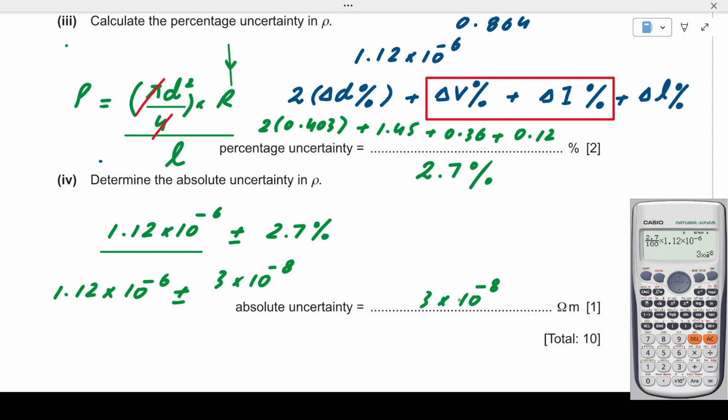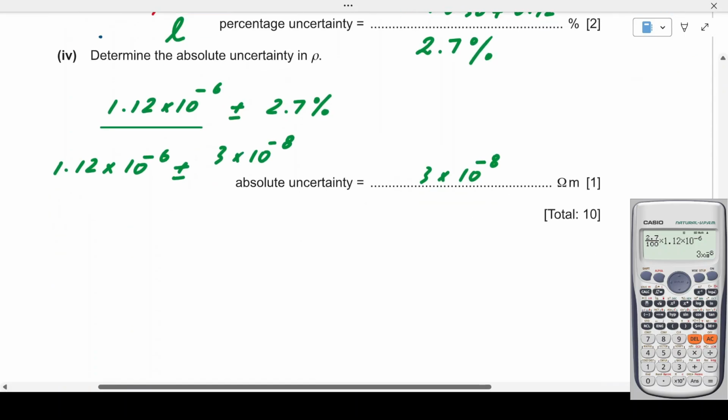But if the question is that write the principal value along with the absolute uncertainty, then you need to ensure that the exponents are same. So you write this one, for example, 1.12 into 10 raised power minus 6 plus minus. If I write 30, that will be 10 raised power minus 7.